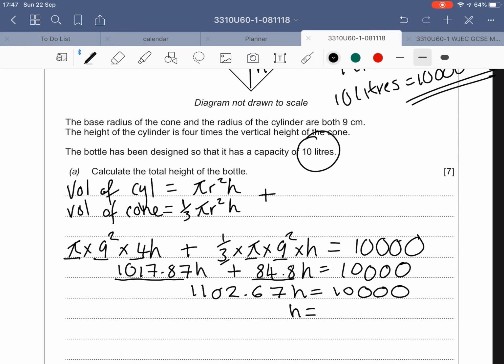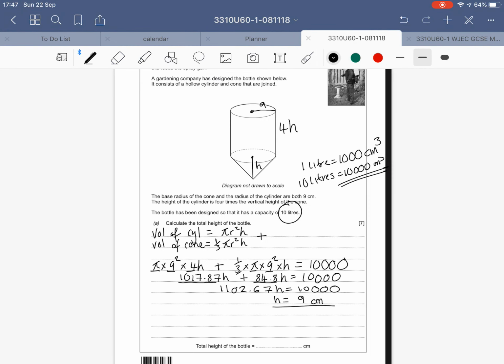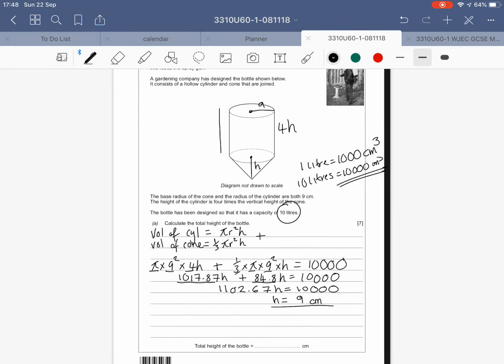I'm going to round to 9 centimetres. So the h is 9. You need the height of the whole bottle, so you want 4h, add another h, that's 5h. So the height is obviously 5h, which is 5 lots of 9, which is 45.